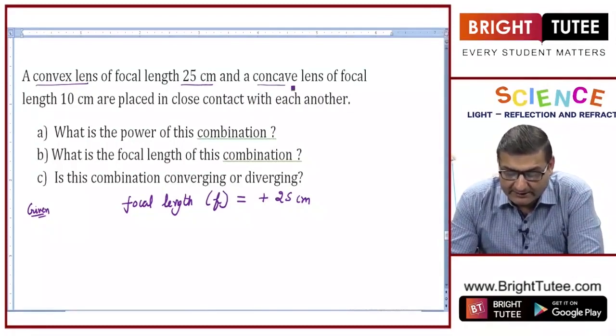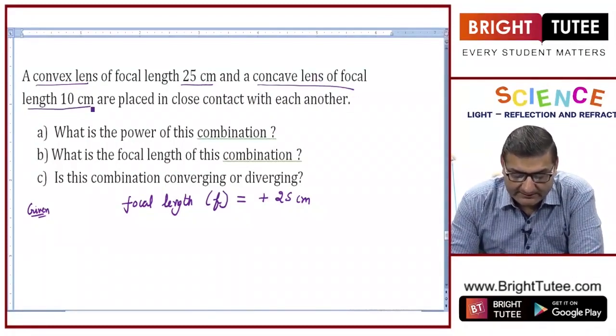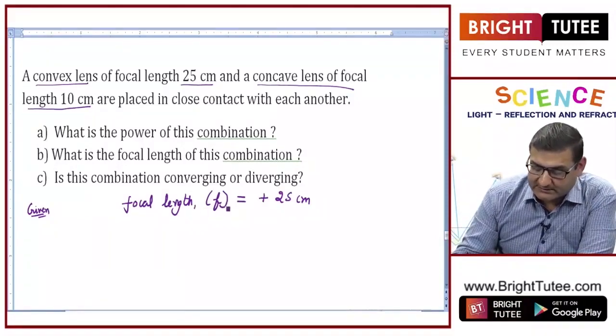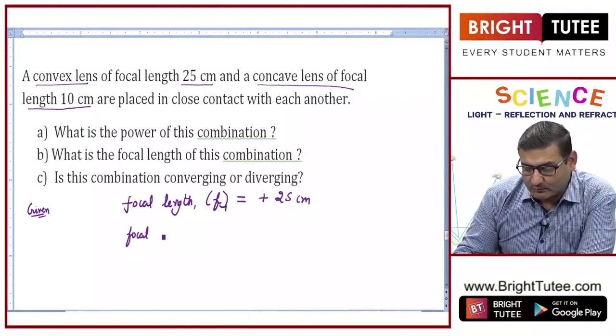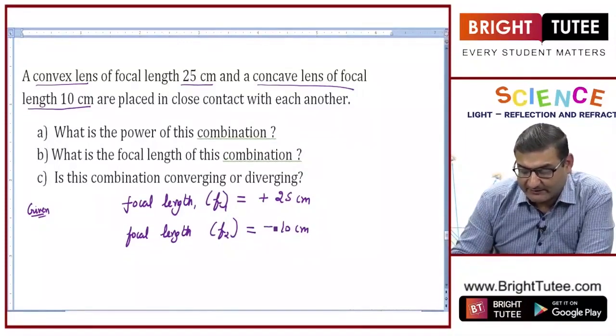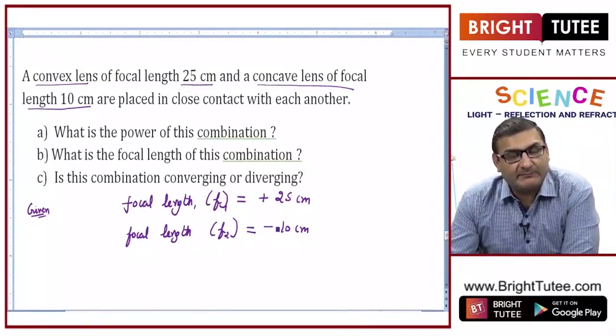And a concave lens of focal length 10 centimeters. This was the first lens. There is also another lens whose focal length is also given to us. Let us take it to be f2. This is given to be 10 centimeters and this is a concave lens, so the focal length will be in minus.